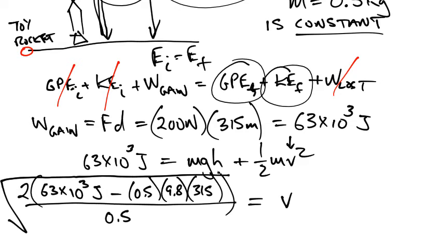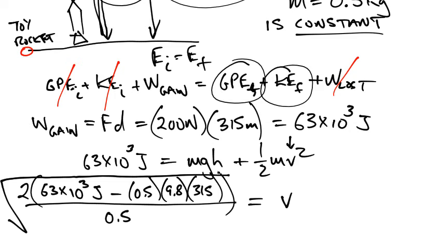So 63,000, okay, so that was the first part. 0.5, enter 9.8 times 315 times, subtract 0.5 divided by 2 times.